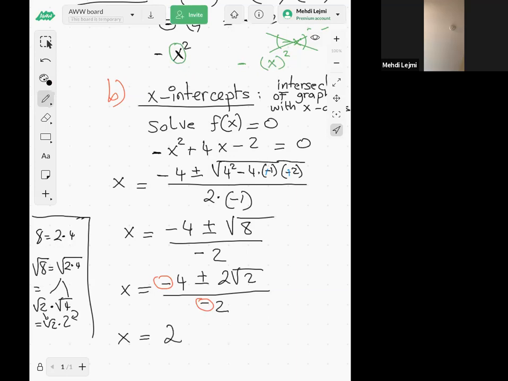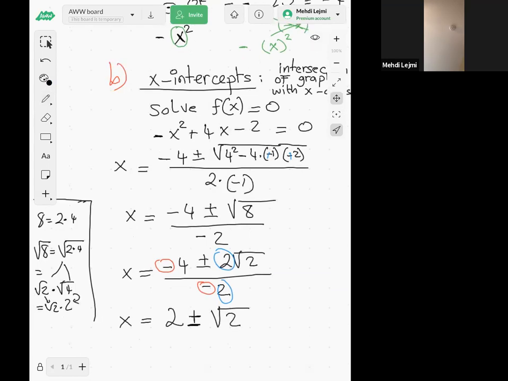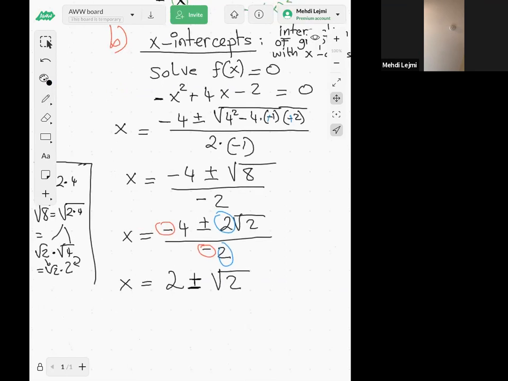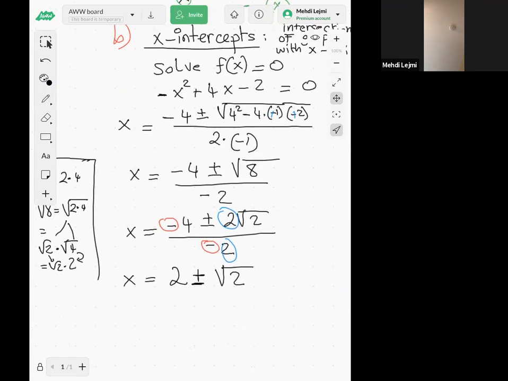There is this plus or minus over minus, so it's plus or minus again. And then there's 2 and 2, so they cancel out. So it's the square root of 2. So it's 2 plus or minus the square root of 2. Right? Yes, Kwame.